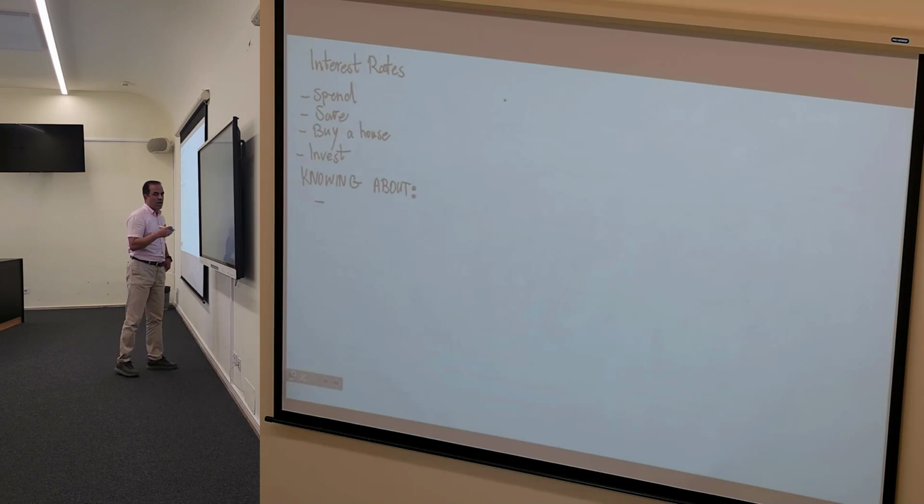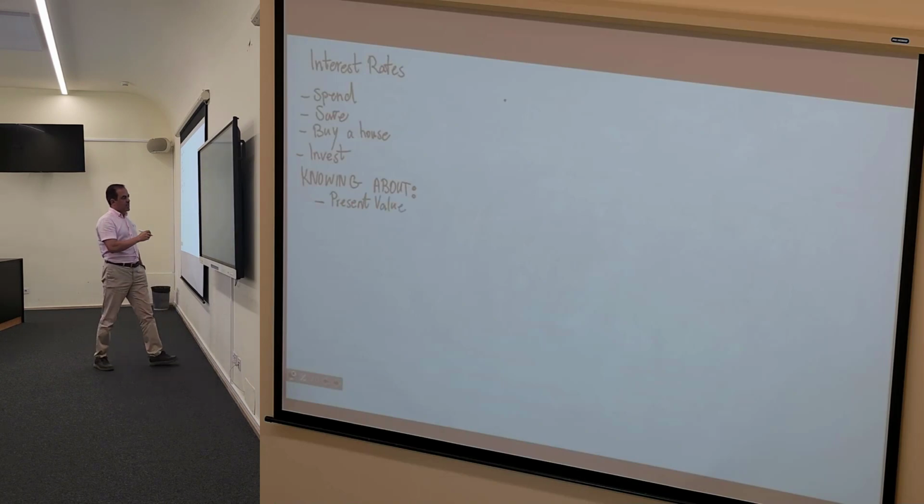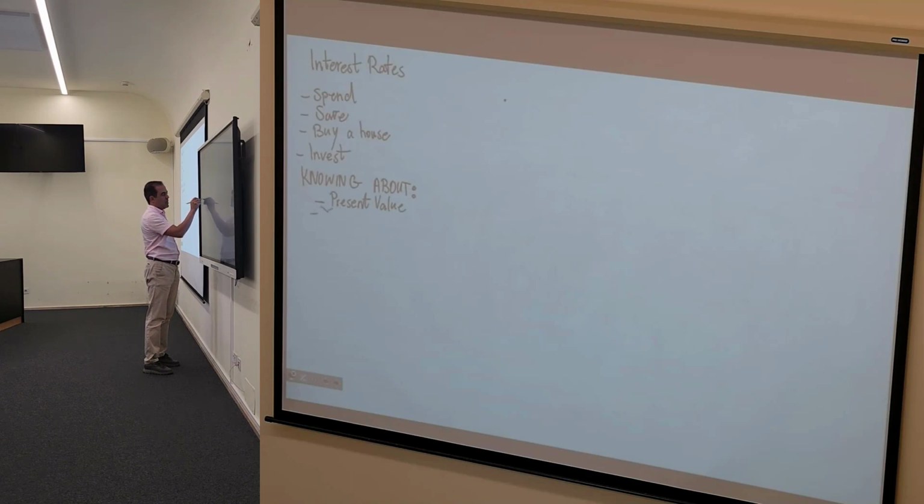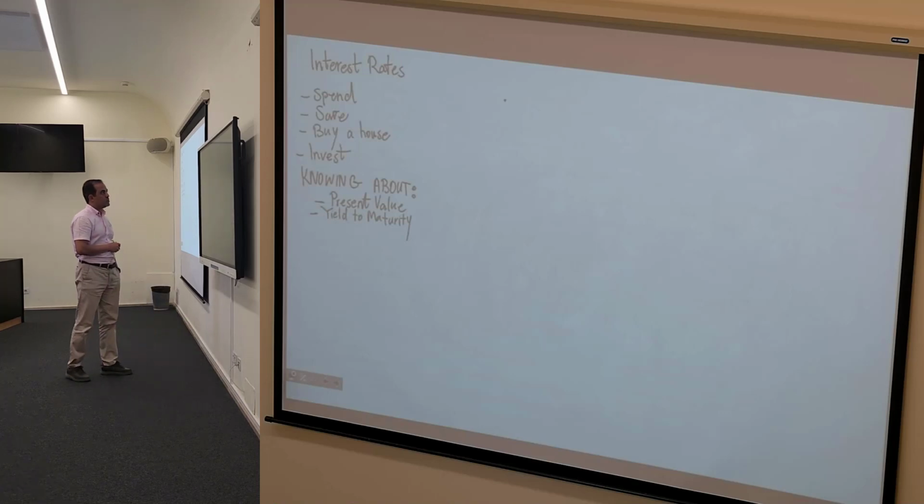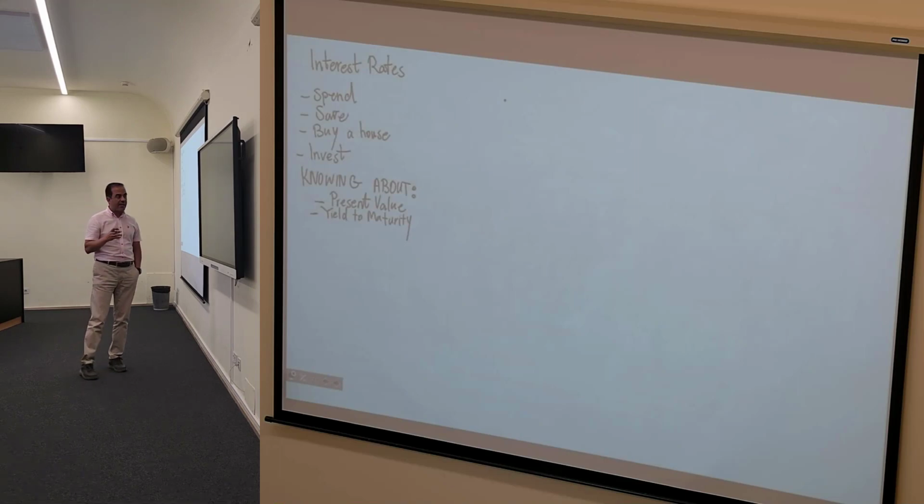The first item that is important related to interest rate is the present value. The second one is the yield to maturity. So what is the yield to maturity? The most accurately measured to reflect the interest rate.